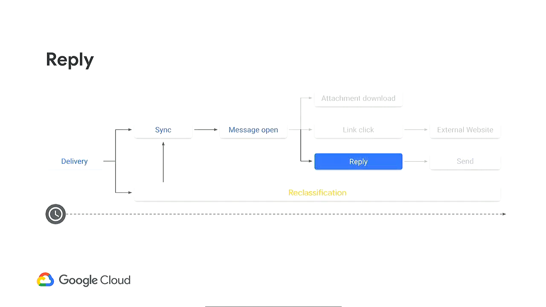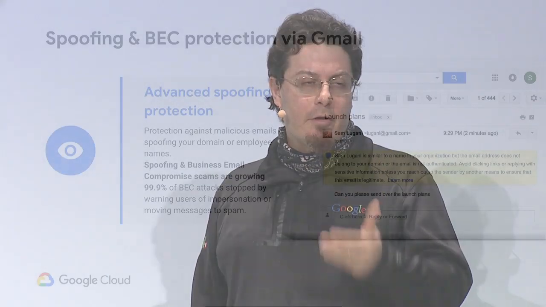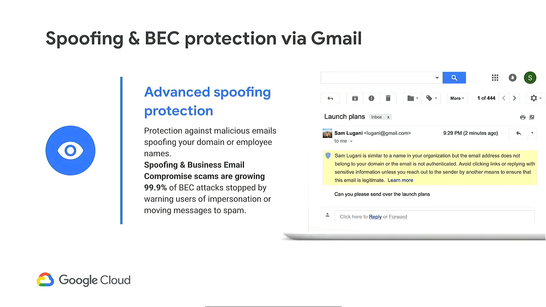Another vector for phishing attacks is reply. People are going to ask for information by email, and sometimes people will fall for it. So a protection we added here is defenses against lookalike names inside the domain. If someone is pretending to be someone in your domain, we'll let you know that the name is confusing and you need to be very careful about it.